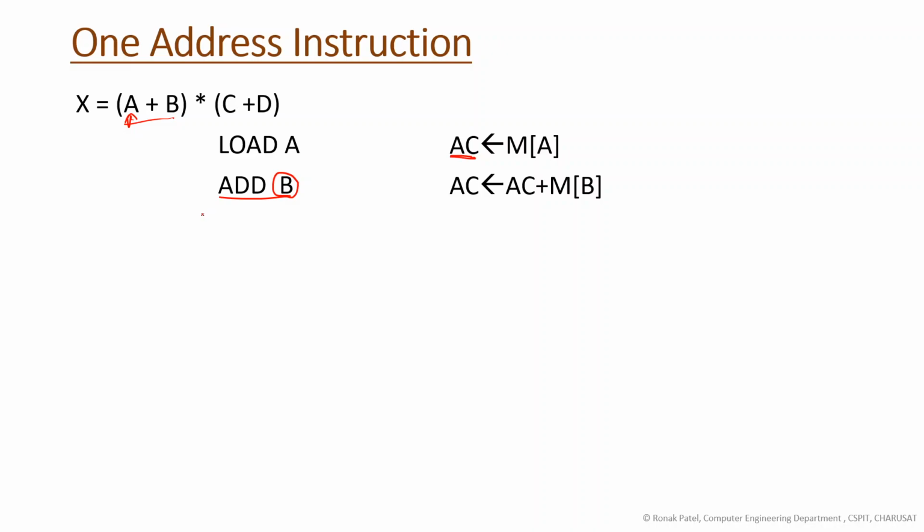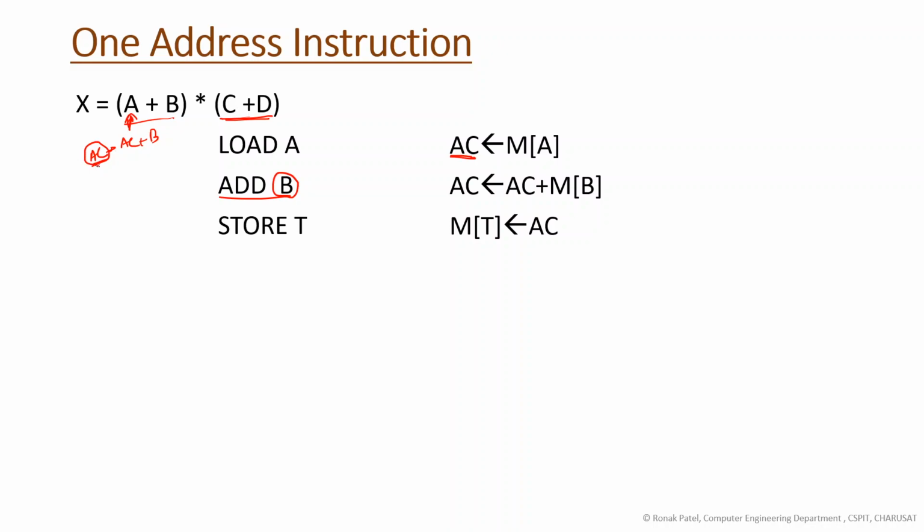Then after doing this, store T, because for this also I will use accumulator. If I use accumulator again, this value will be overwritten. So I need to store it in some temporary value. First I store this in accumulator, perform the addition with B, and store it into AC.